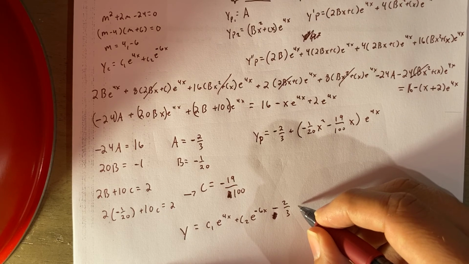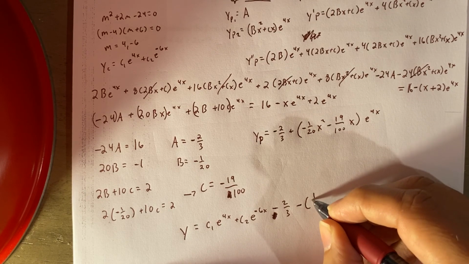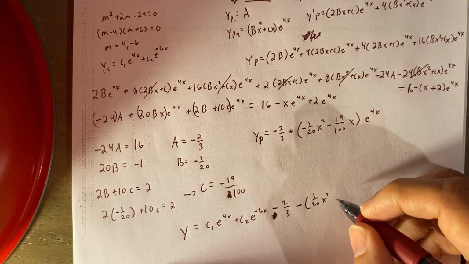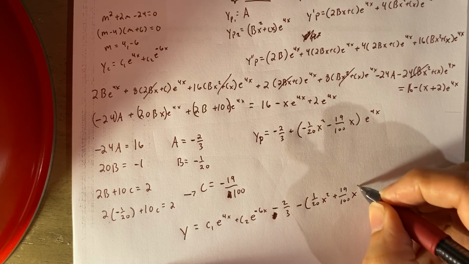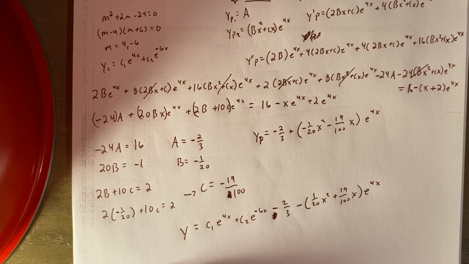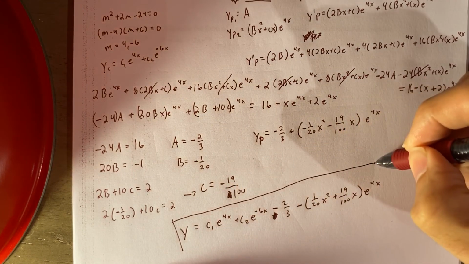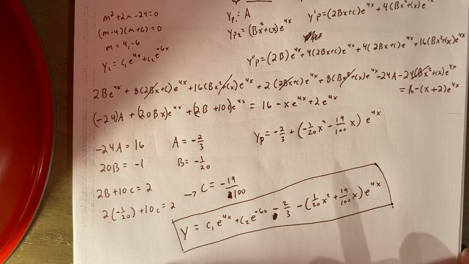You know what, I'll go ahead and say minus 1/20 x squared plus 19 over 100 x e to the 4x. And there's the solution.